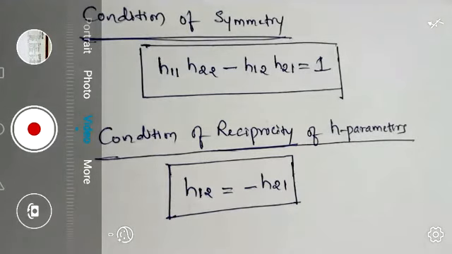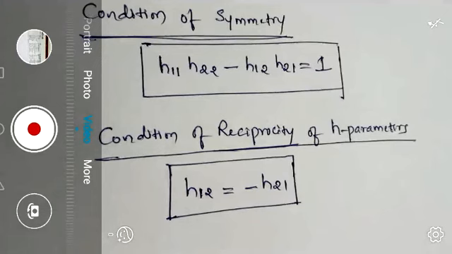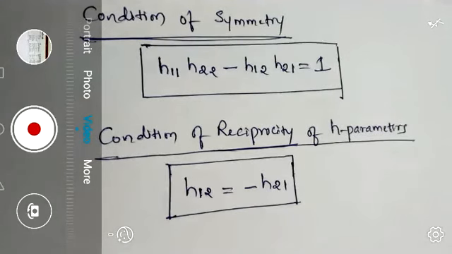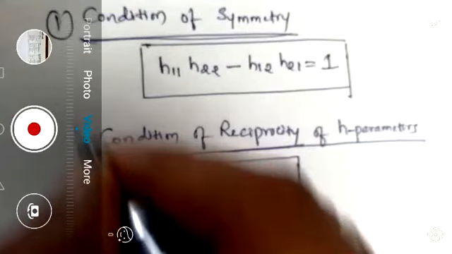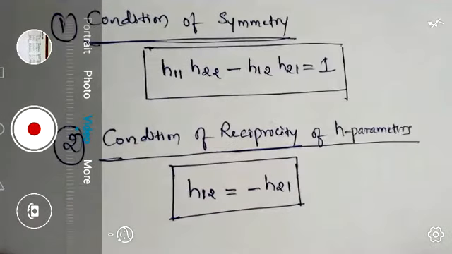Because of that reason, H parameters are called hybrid parameters. Then we discussed the equivalent circuit of a two-port network in terms of hybrid parameters. Then finally, we discussed two conditions: condition for symmetry and condition for reciprocity.